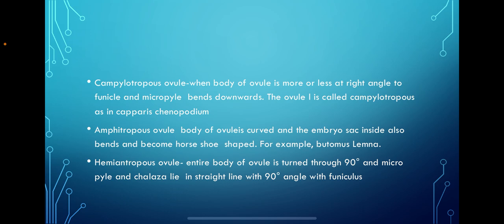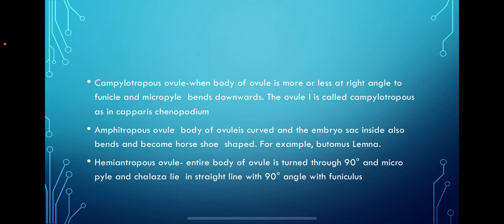Campylotropous ovule: when the body of the ovule is more or less at a right angle to the funicle and the micropyle bends downward, the ovule is called campylotropous. Amphitropous ovule: the body of the ovule is curved and the embryo sac inside also bends and becomes horseshoe shaped.